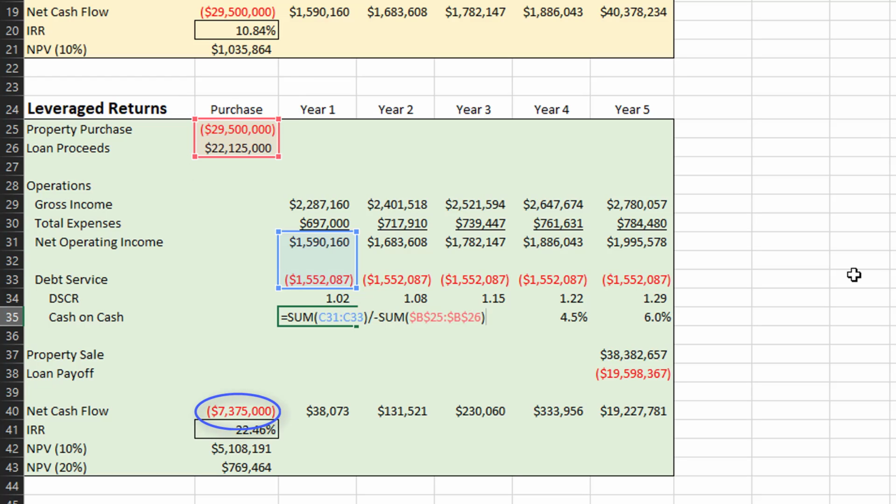Either way, we're dividing the cash that we're actually generating after everything is said and done by our equity investment. So in this first year, we're only getting a 0.5% cash on cash return, which is extremely low. And it's tied to this very low debt service coverage ratio. If we had a 1.20, our cash on cash would be a bit bigger. But anyway, those are the ratios. Again, that grows over time.